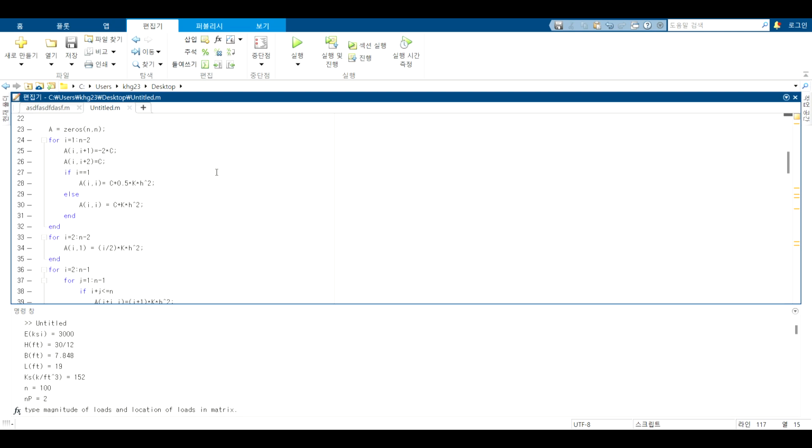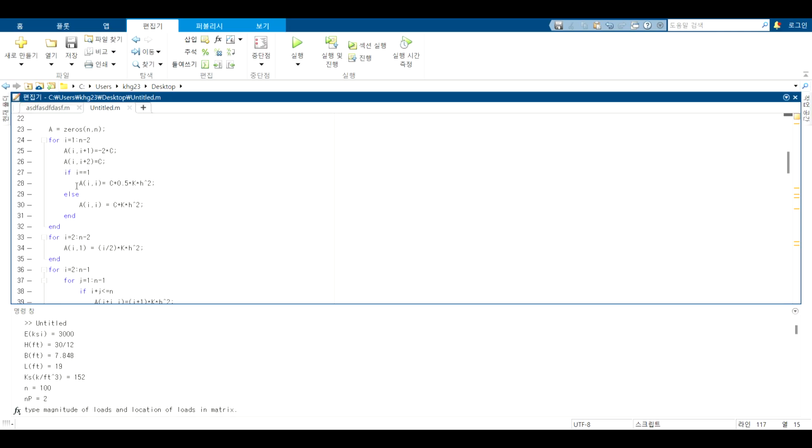An important point here is that since the size of matrix A depends on the number of springs n, and each element follows a specific pattern, loops are essential to efficiently generate the matrix. In other words, for loops are used to automatically assign values to each element of the matrix based on its position and role.